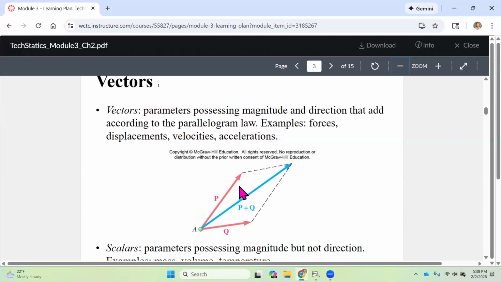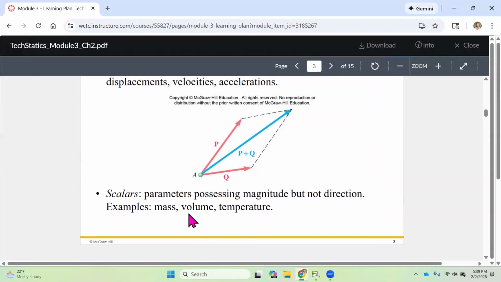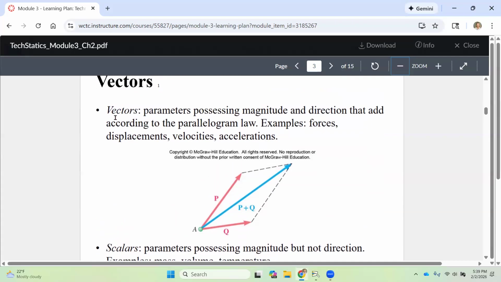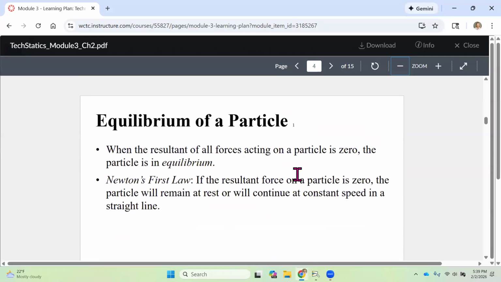So as you can see here, you can see these forces have lines with arrowheads and then are labeled. Scalar quantities are going to be those quantities that only have one item you need to fully define them. So in contrast, things like mass, volume, temperature, we're not dealing with those, okay? Sometimes we use mass, and we'll look at that as we come upon it, but vectors is what we're interested in because those represent what a force is.